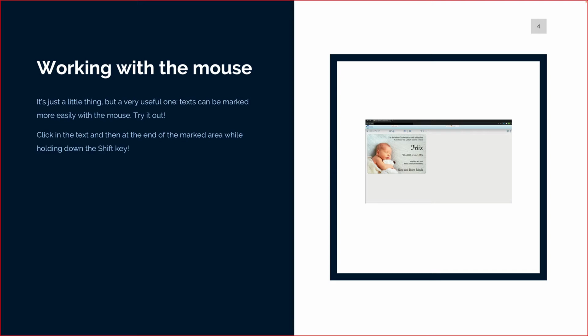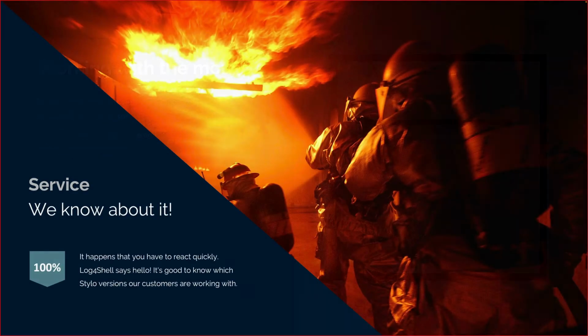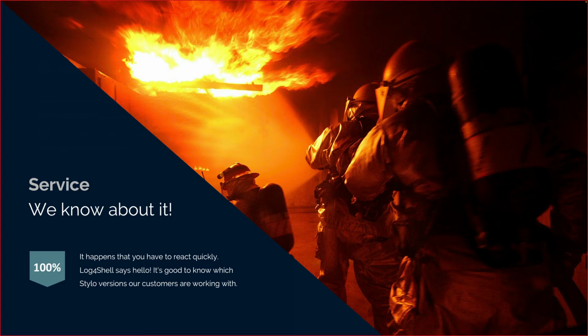The second thing is, maybe you remember that we had some security issues last year, one also in Stylo. It was not log4shell, that had no impact in Stylo. But the problem we saw was that we don't know what version is on the systems of our customers.